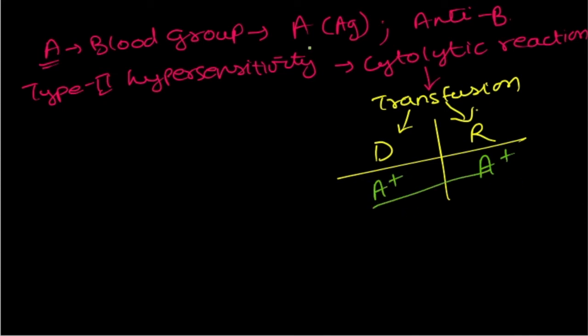If they receive the blood from B positive, then in that case the recipient will face the transfusion reaction or the cytolytic reaction, which will generate a fatal condition. So in a similar way, it is very important to know which type of antigen the individual carries along with his blood and what type of naturally occurring antibodies are present in his serum.